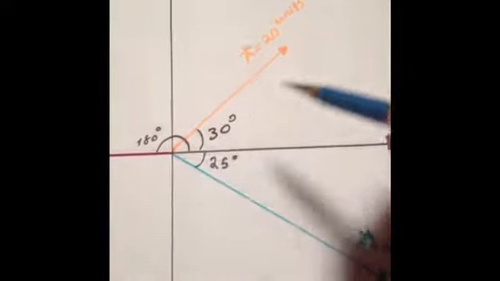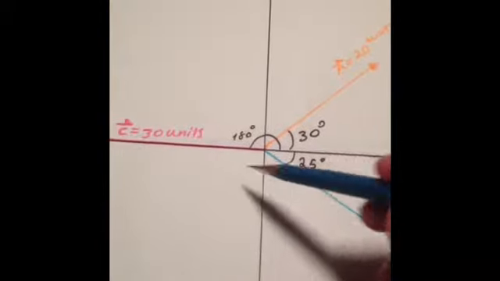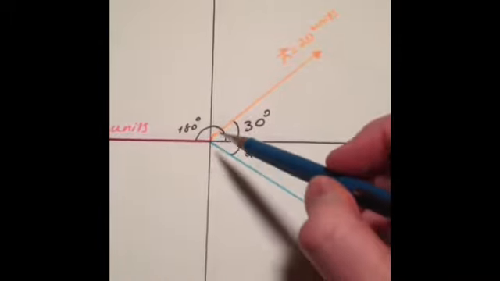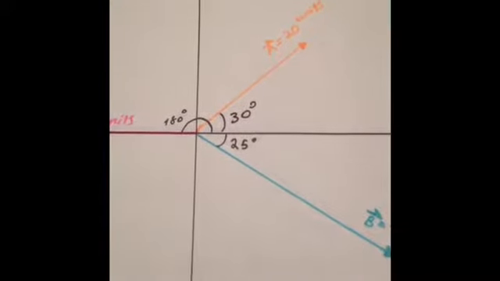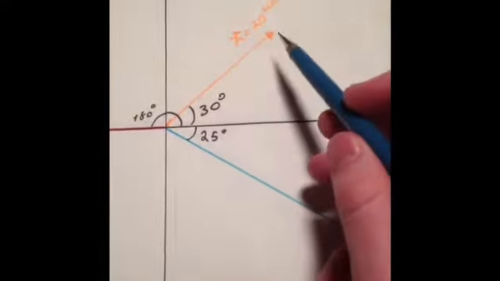When you add all these vectors together in head-to-tail form, you start with vector A, because we're just going to start alphabetically.